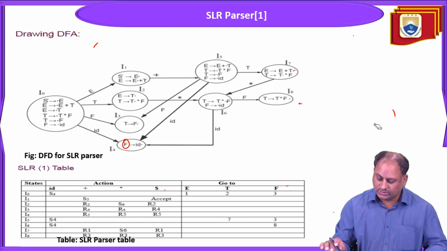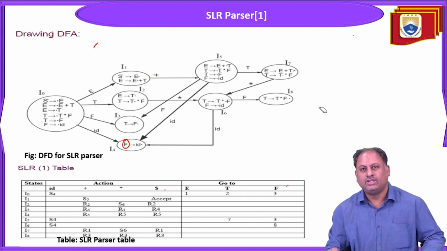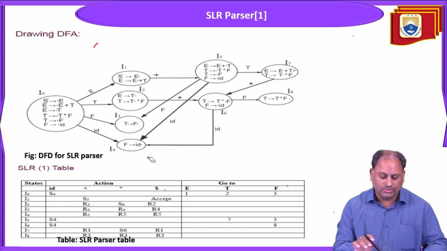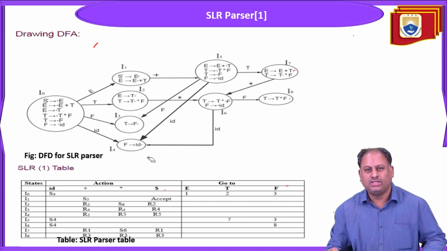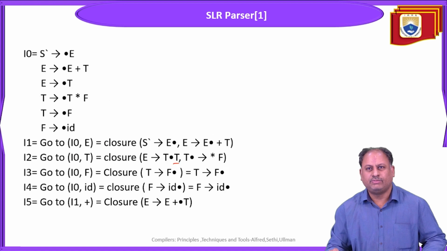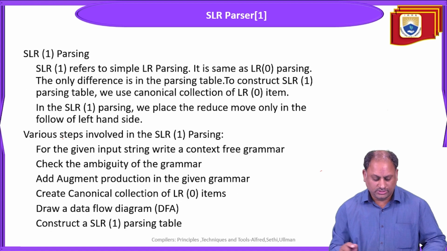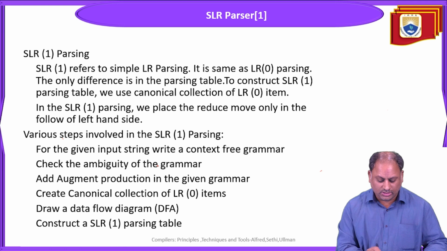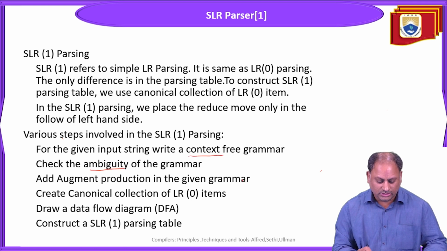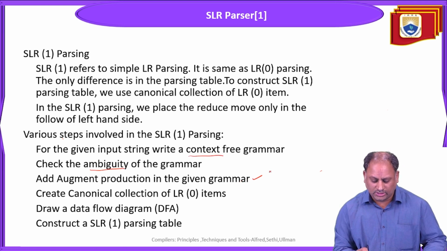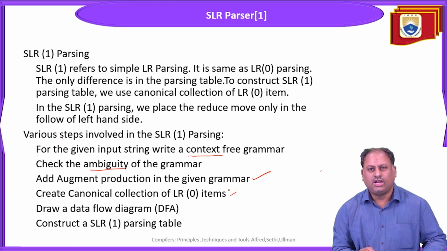The first step is to verify that the grammar is context free grammar and check ambiguity. Then go for the augmented grammar, that is adding S dash. Then we have to insert the dot symbol and find the canonical collection of LR(0) items, and then start the closure of I0, I1, I2 until all the states are completed.